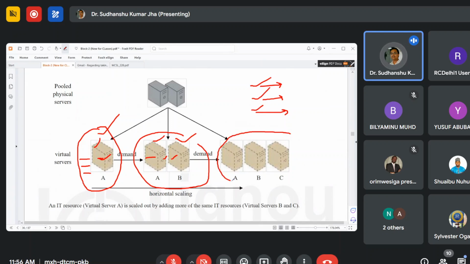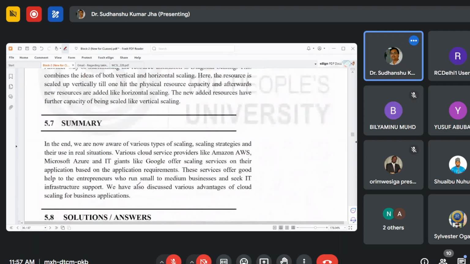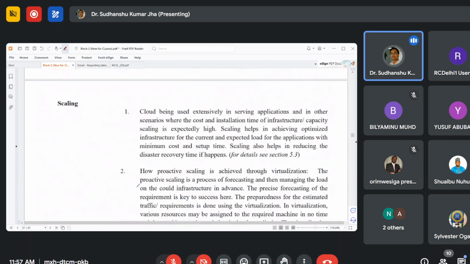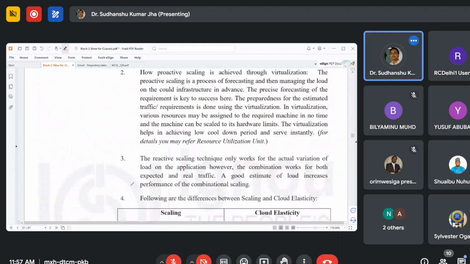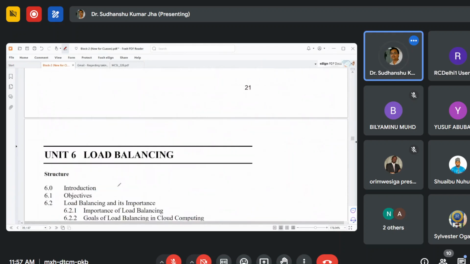Three servers required means at the same time three times the processor, three times the memory, three times the storage is being increased. So that is horizontal scaling. So that is the end of this unit.